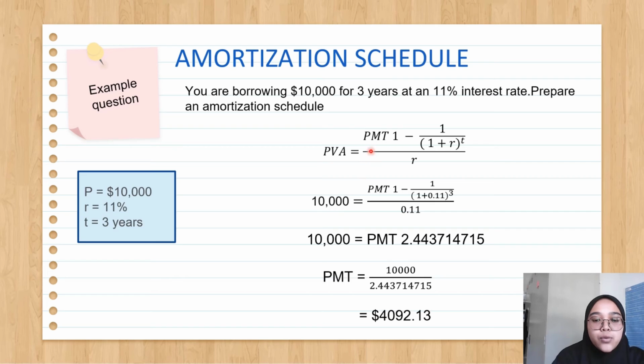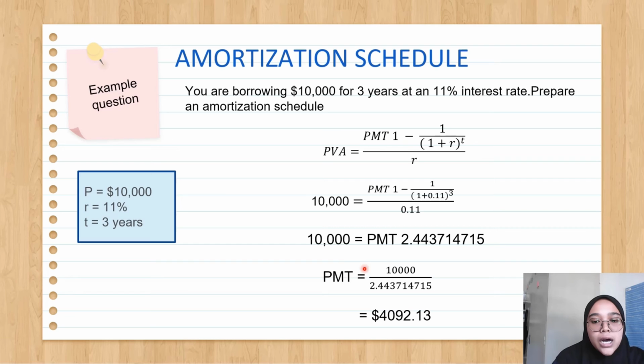Our present value annuity is 10,000, and then we convert the numbers into the formula. The present value annuity $10,000 equals PMT multiplied by 1 minus 1 over 1 plus 0.11 to the power of 3, over 0.11, so $10,000 equals PMT multiplied by 2.443714715.